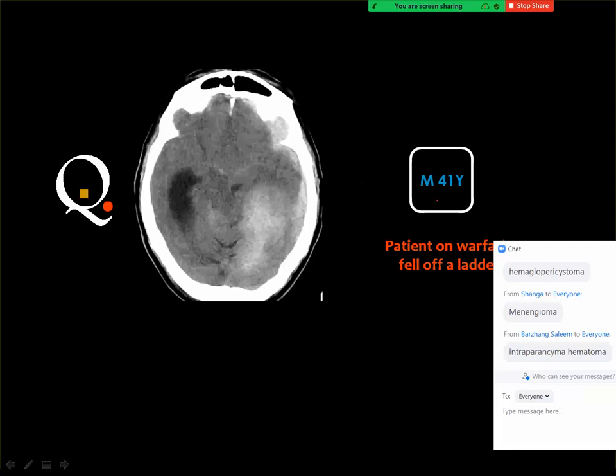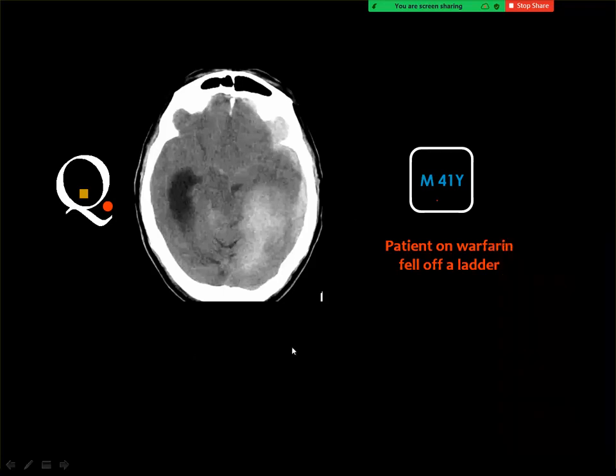No, this is not an intraparenchymal hematoma. This is actually a subdural hematoma on the surface of the brain, and this is hemorrhage on the surface of the tentorium. This is not the appearance of an intracerebral hemorrhage. It's vague with no definitive margin or surrounding perifocal edema.